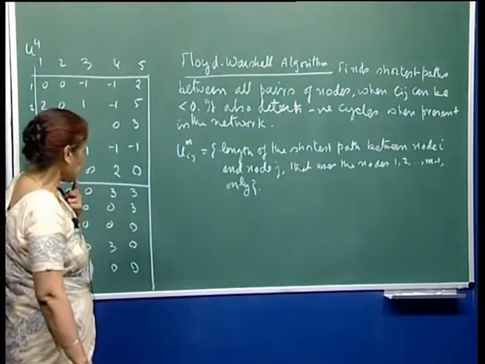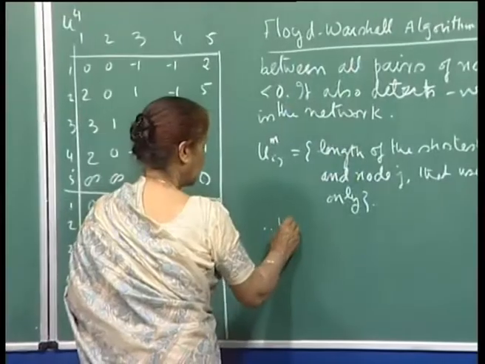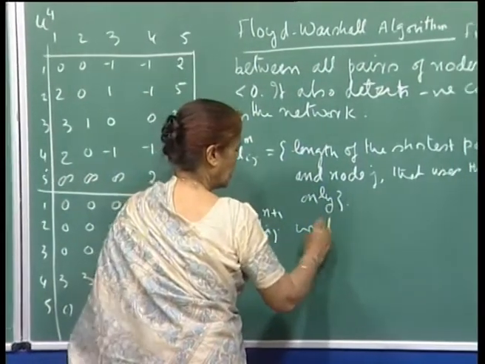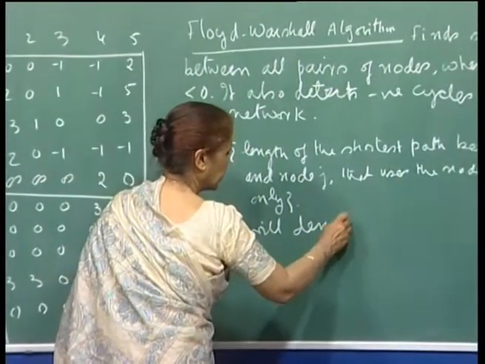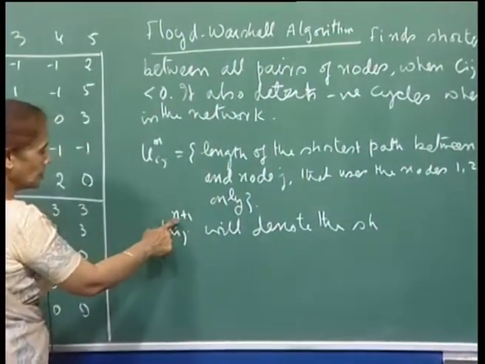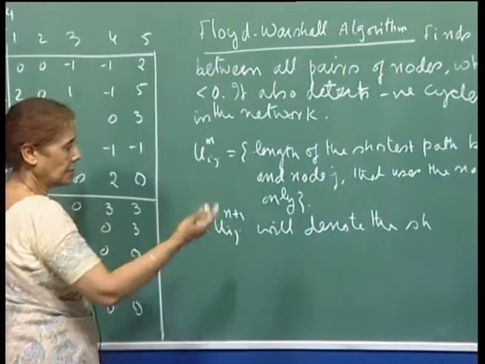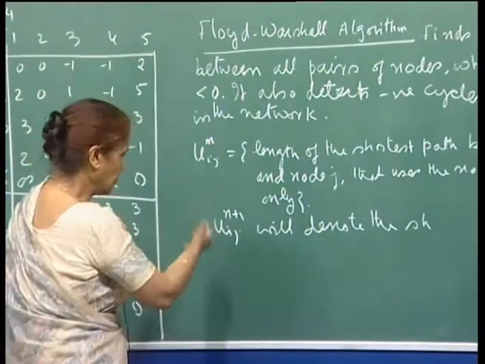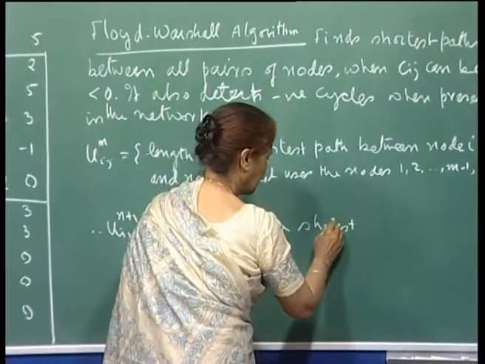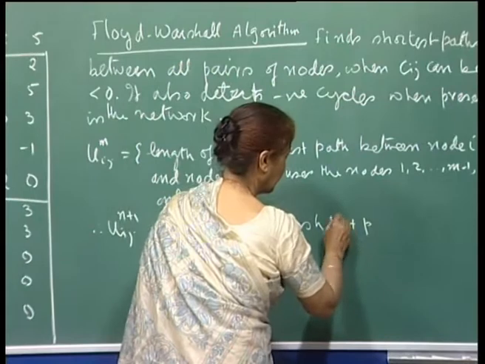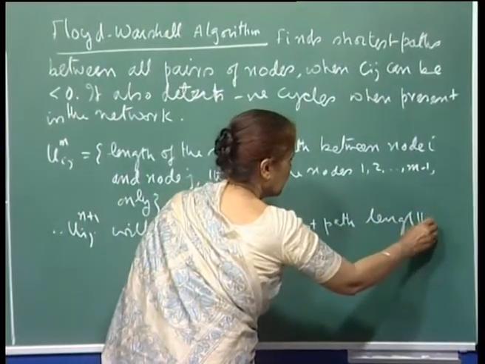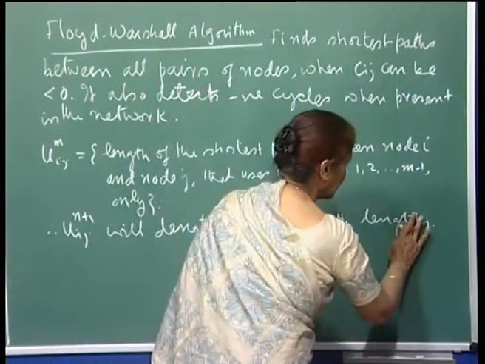And therefore, Uij(n plus 1) will denote the shortest path length, because by that time I would have used all the nodes 1 to n, and therefore my claim, which we will prove, is that it will denote the shortest path length.